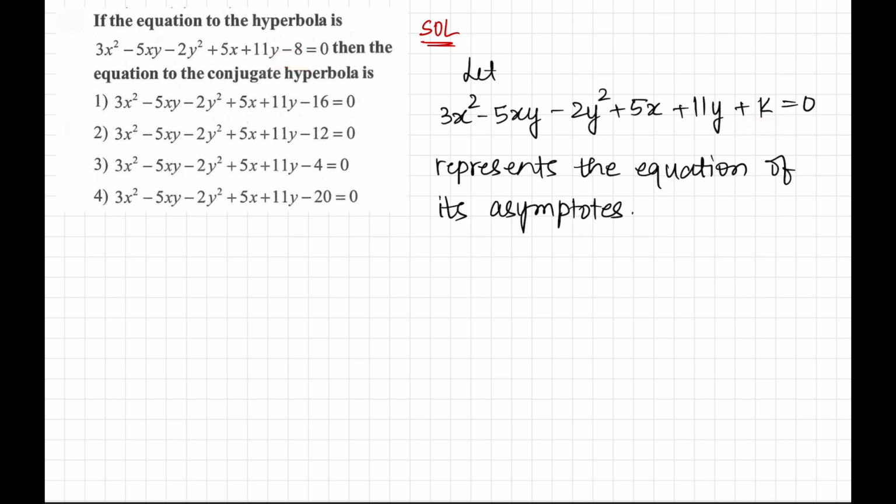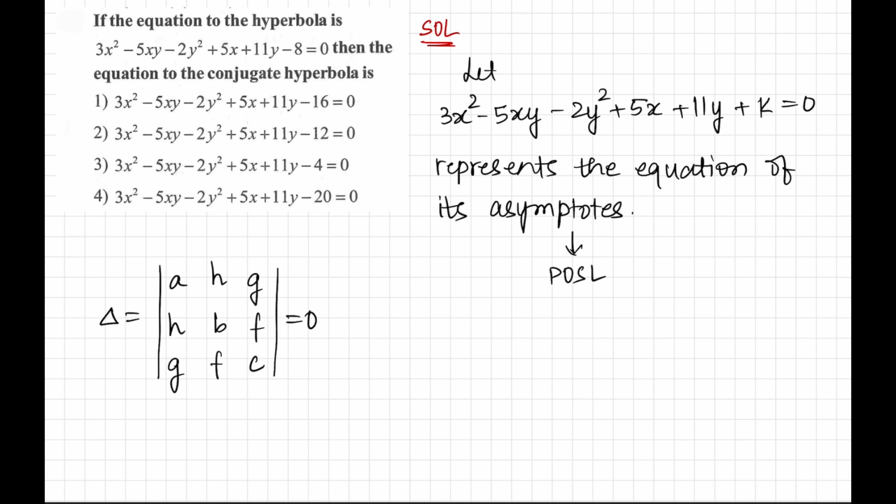So if this equation represents asymptotes, now asymptotes basically is a pair of straight lines. So it will represent a pair of straight lines. And the condition for a pair of straight lines is delta, which is given by the determinant A, H, G, H, B, F, G, F, C, and this must be equal to 0.